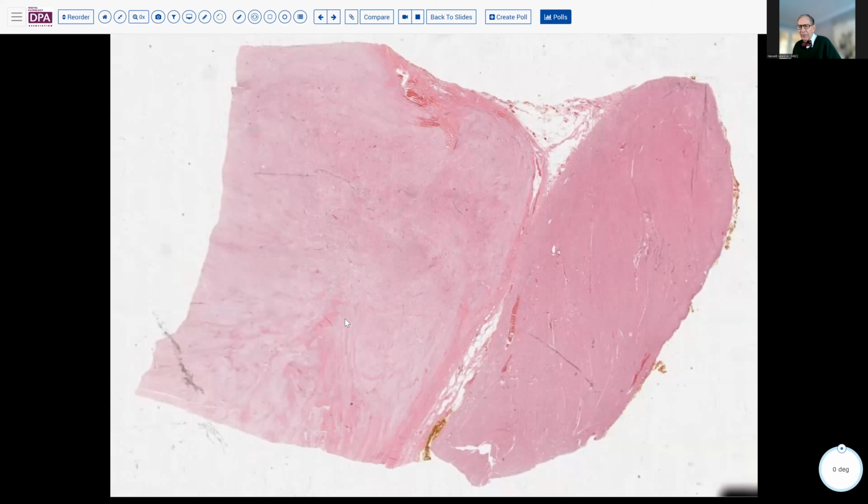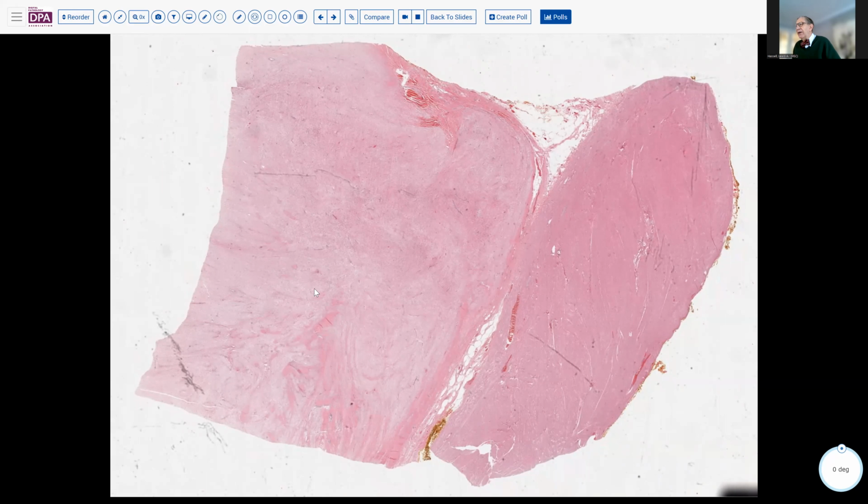This is a different case. This is a 45-year-old person who has a mass in the thigh. So different location and so forth, but somewhat similar appearance, a spindle cell, fibrous type of lesion.